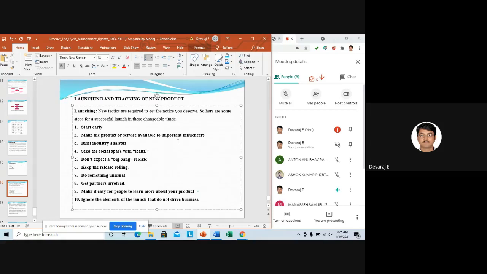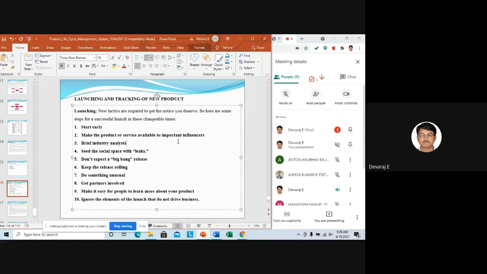I think 500 cc bikes are there, and the maximum you can go is around 150 or 200 kilometers per hour. But if the customer needs that bike and you are manufacturing it, supply it.